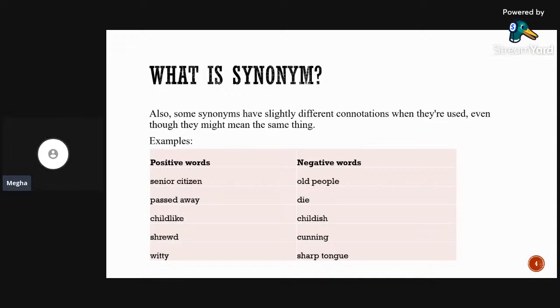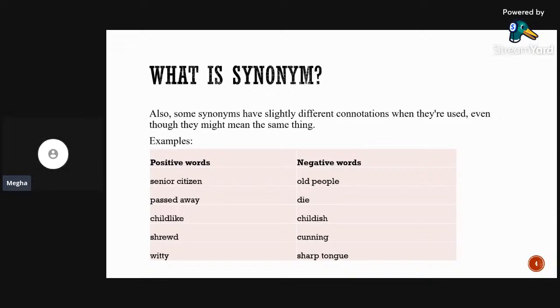That is what is given. Just see a few examples, you will understand. When speaking about some old person, you can always mention him as a senior citizen rather than old people. That gives the difference between positive words and negative words, correct? Passed away, see, saying that person passed away today, rather than that person died today.